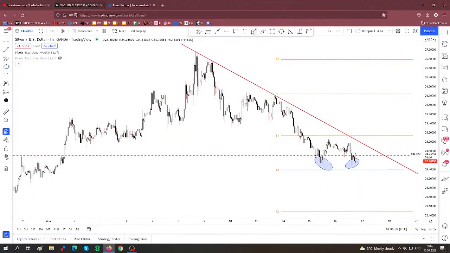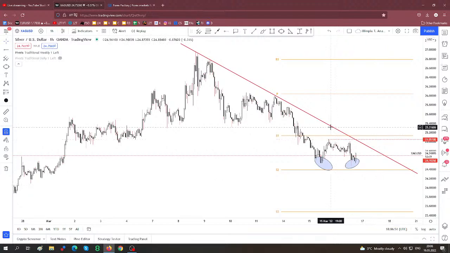This level here, the immediate high, 25.051, stands as an upside obstacle, as a resistance.